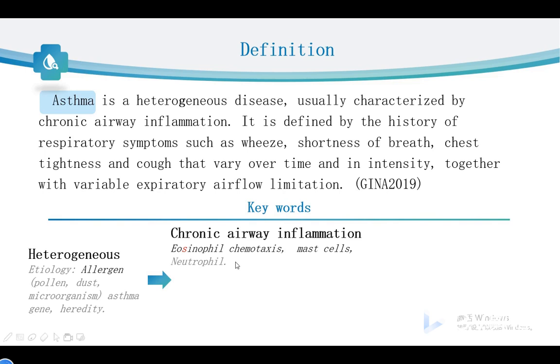And next, the cytokines produced by these chronic inflammatory cells will finally induce the constriction of the small muscle cells in the small bronchi, which will result in airway hyperresponsiveness, and is also called airflow limitation.